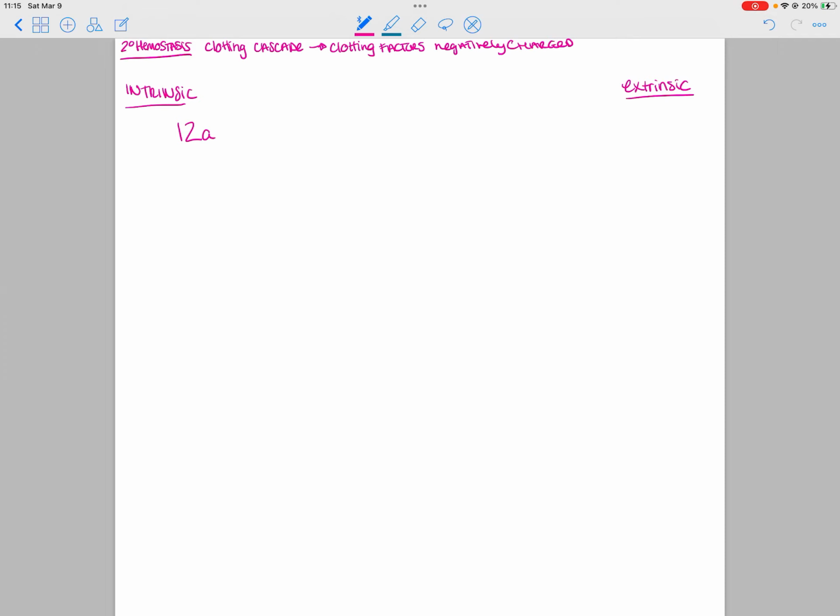So the intrinsic pathway starts with factor 12A, which will go to factor 11A, which will go to factor 9A, then to factor 8A. This is the intrinsic pathway. The intrinsic pathway will meet at the common pathway with factor 10A.